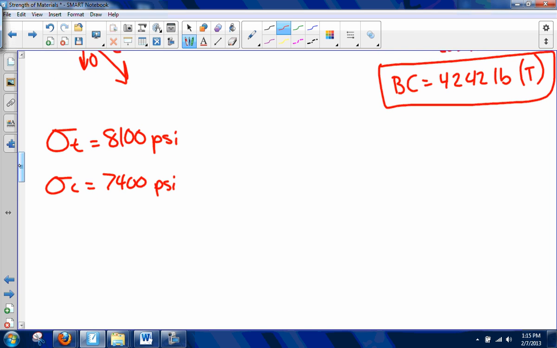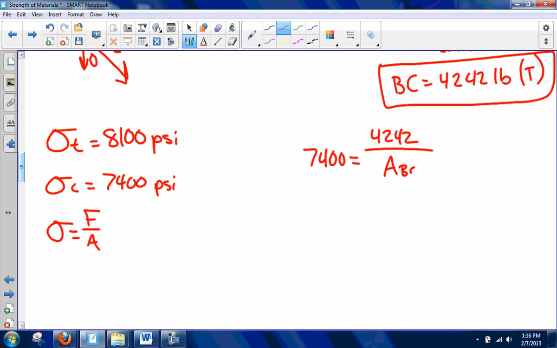All right. Sigma is equal to force divided by area. So I'm going to start with BC just because it's on the board right now. So I've got 7,400 because it's in compression is equal to the force at BC, which is 4,242, divided by the area of BC.